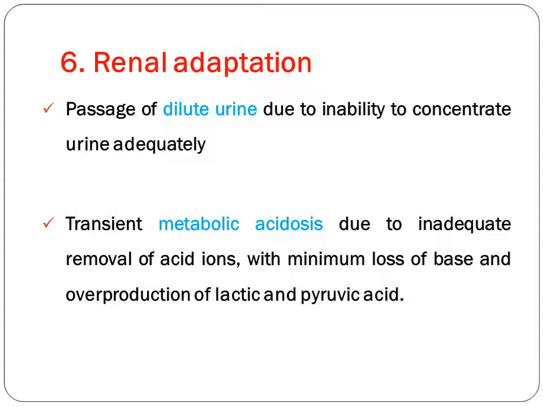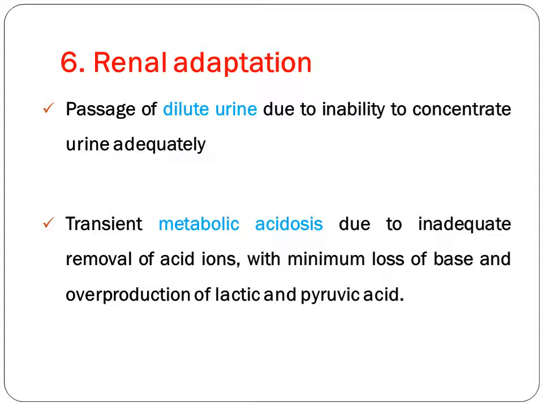Also, we find that the neonate usually has some kind of metabolic acidosis. This metabolic acidosis means an increase in the level of acidic compounds in the blood due to accumulation of metabolites. Usually the body gets rid of these acids through the kidney.